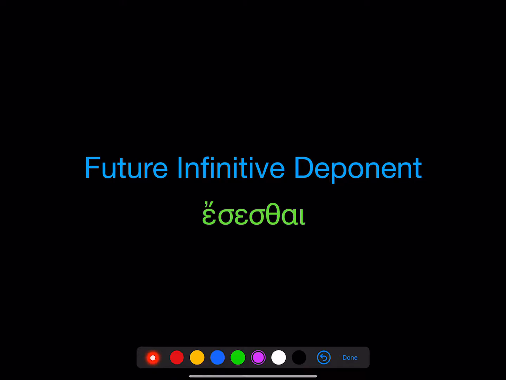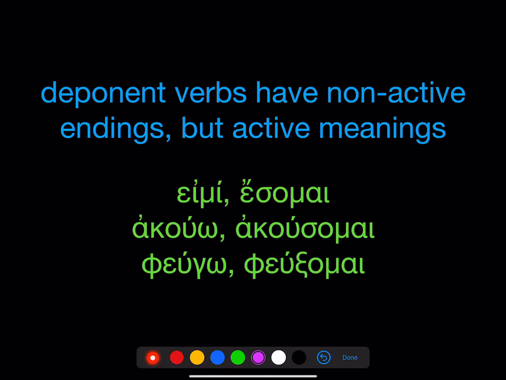And the future infinitive is also deponent. It also looks like a middle form, but is translated actively: esesthai, to be, about to be. Now, a little bit more about deponents. Deponent verbs have non-active forms but active meanings. So eimi, esomai, that's the first two principal parts, is an example of a deponent verb.